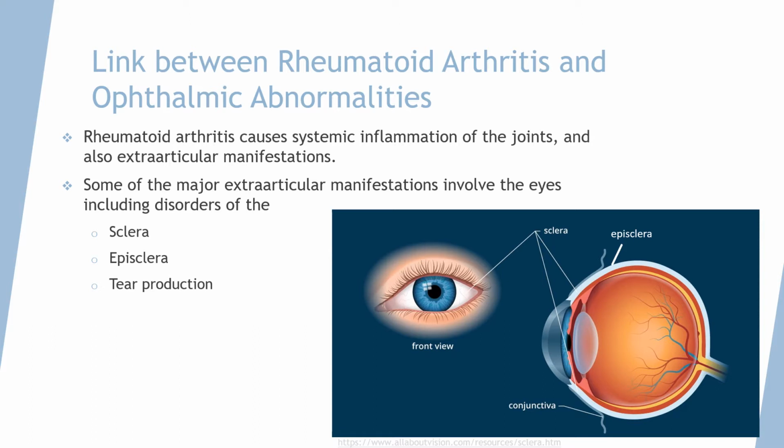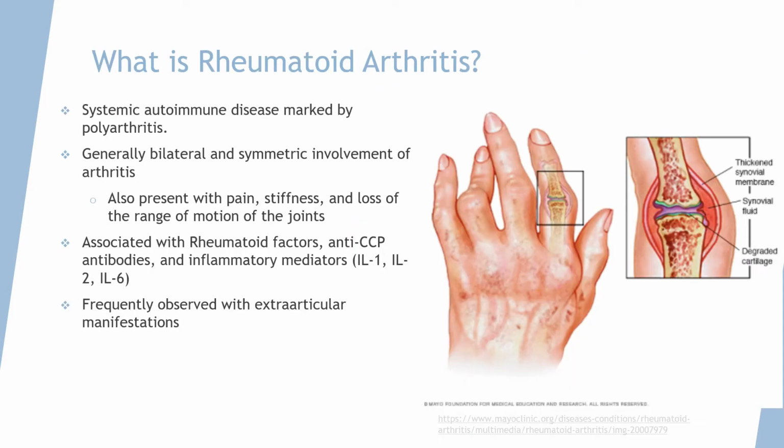their ducts. So rheumatoid arthritis, as explained before, is a systemic autoimmune disease characterized by polyarthritis. It is generally bilateral and symmetric, and usually the joints present with pain, stiffness, difficulty moving them, and loss of range of motion.